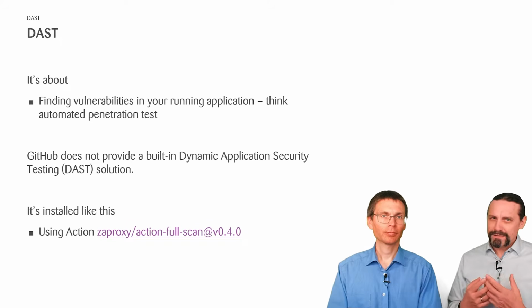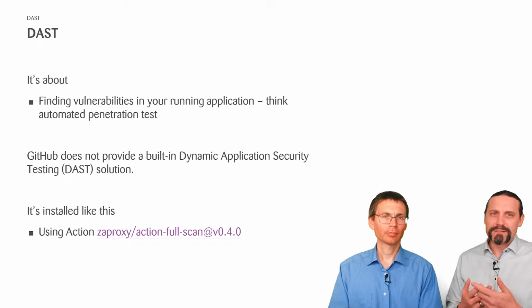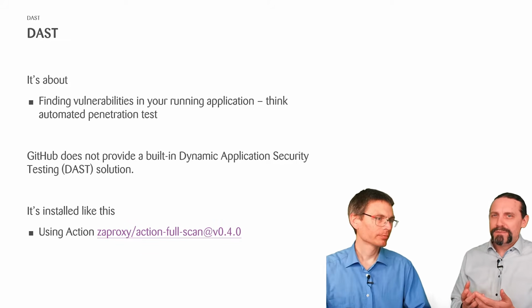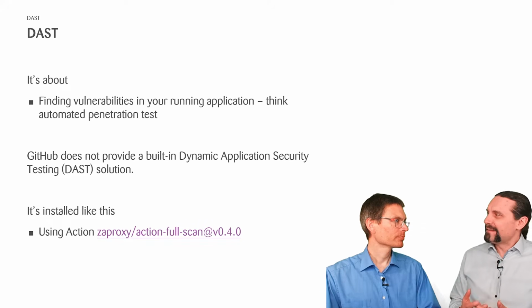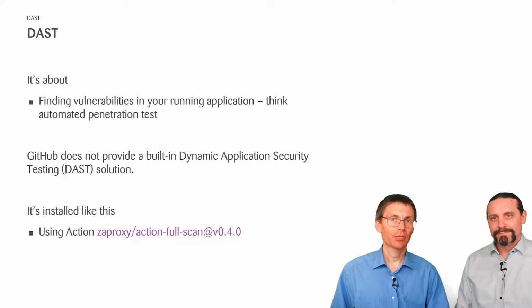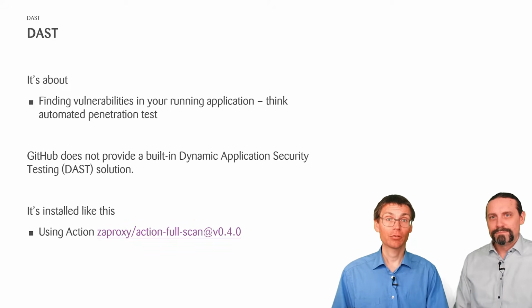So, Paddy, now we are on GitHub. GitHub is a continuous integration, continuous delivery pipeline, it's a platform. How do we do that with GitHub? Out of the box, GitHub does not provide something that offers dynamic application security testing for us.